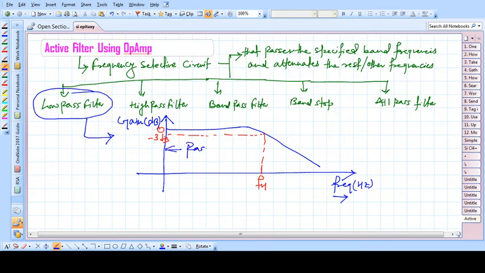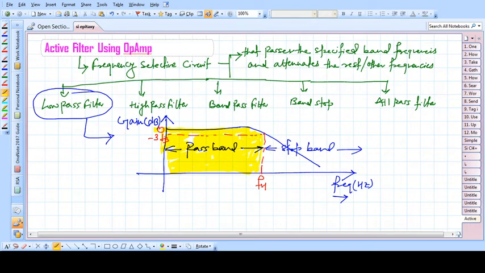This one is our pass band and the other one is your stop band. So in between 0 to fH is our pass band, and this region, the yellow one, is your pass band.